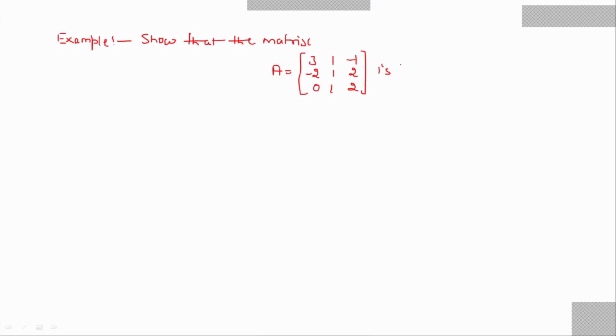Example: show that the matrix A, whose first row is 3, 1, -1, second row is -2, 1, 2, and third row is 0, 1, 2, is diagonalizable.